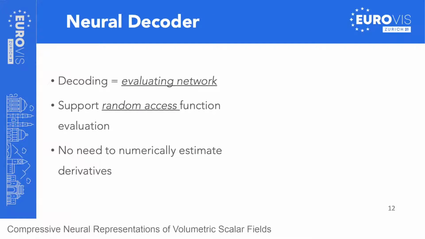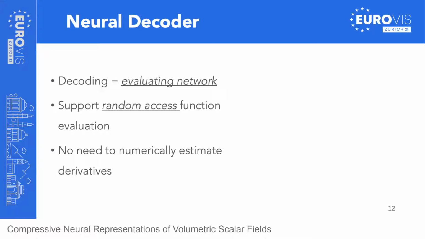Now, after the encoding step, let's have a closer look at the neural decoder. As previously mentioned, once the network has been trained and the volume encoded, decoding is rather straightforward, as it amounts to evaluating the neural network. Beyond reconstruction, a key advantage of neural scalar field representations is the support for random access function evaluation.